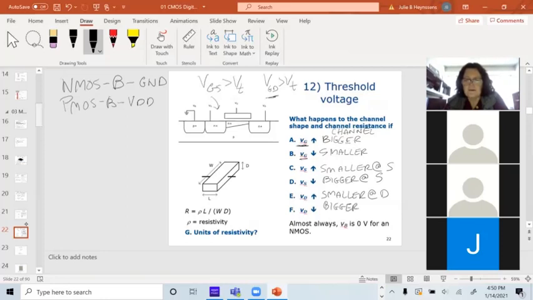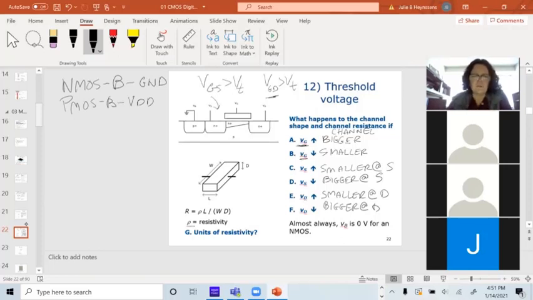Now, how does the size of the channel that we're creating with these induced voltages affect the resistance? If we go back to physics, this is a material, and this material has some material property based upon the doping, the impurity concentration and everything it has in it.